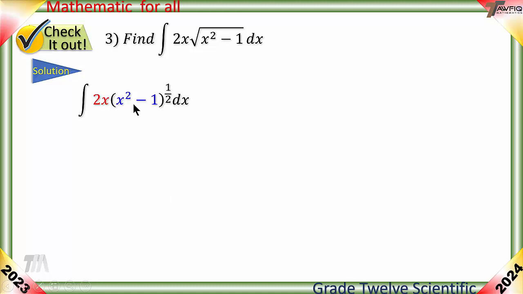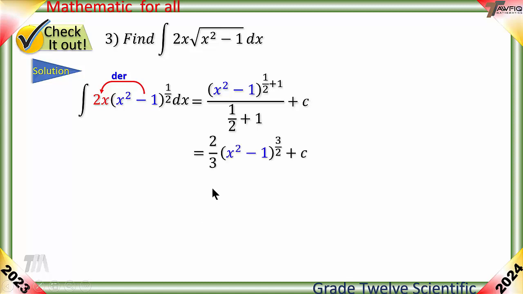And now, because the derivative of the inside of the bracket is 2x, only add 1 to the power and divide by the new power. So it becomes (x squared minus 1) to the power 1 over 2 plus 1, over 1 over 2 plus 1, and simplifying, it becomes 2 over 3 (x squared minus 1) with the power 3 over 2.